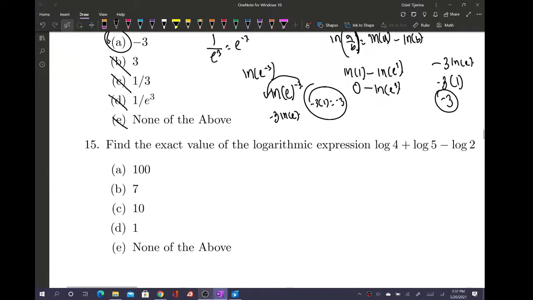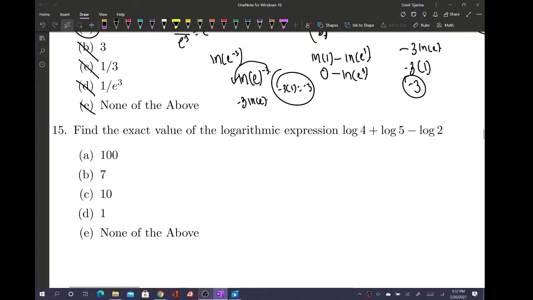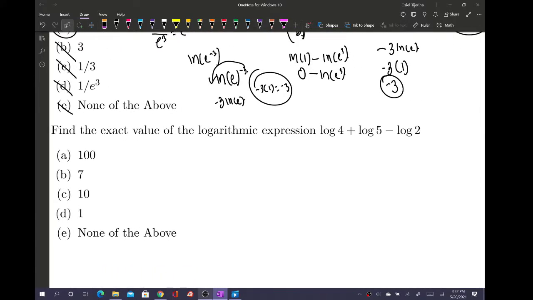All right, number 15. Find the exact value of the logarithmic expression log of 4 plus log of 5 minus log of 2.